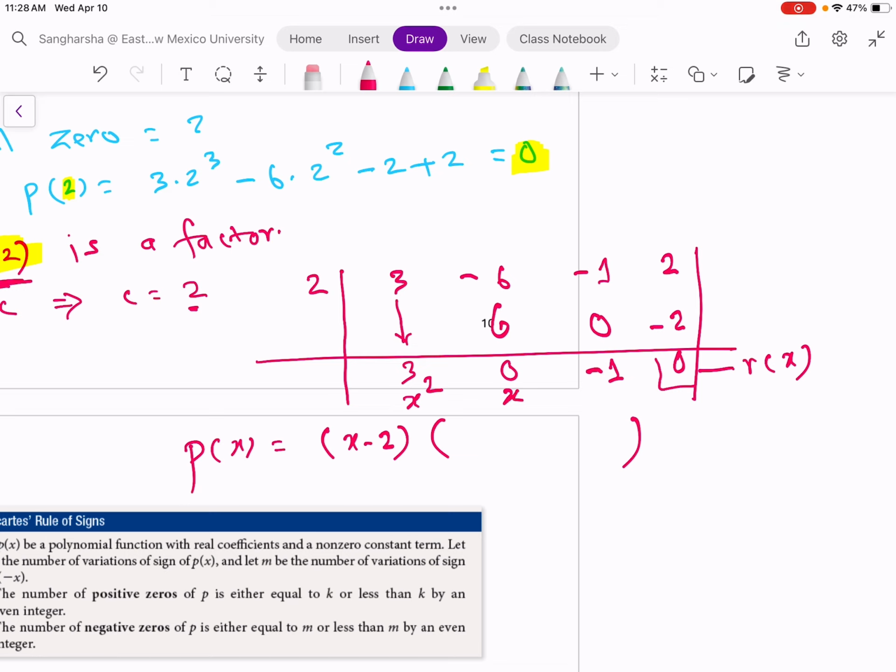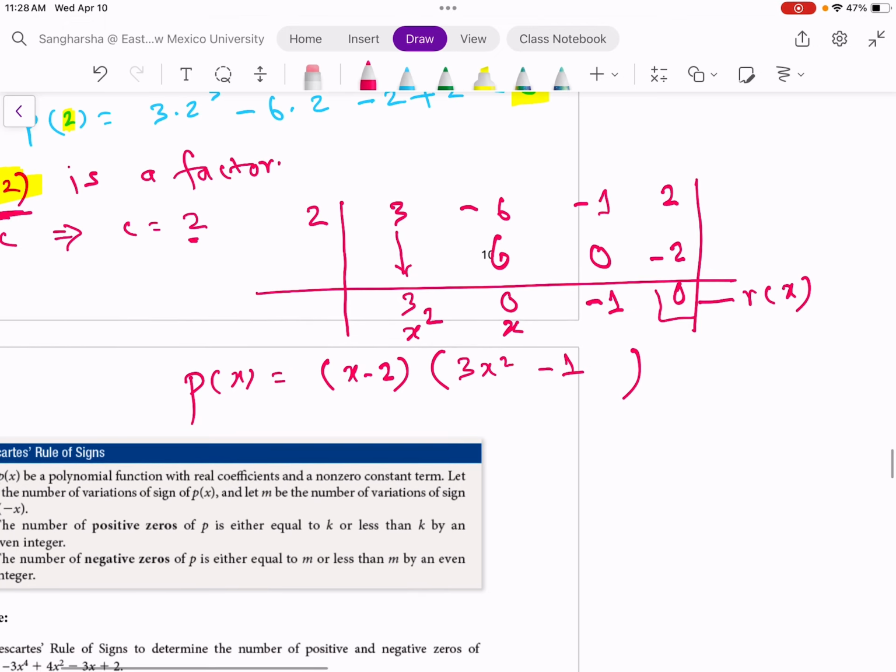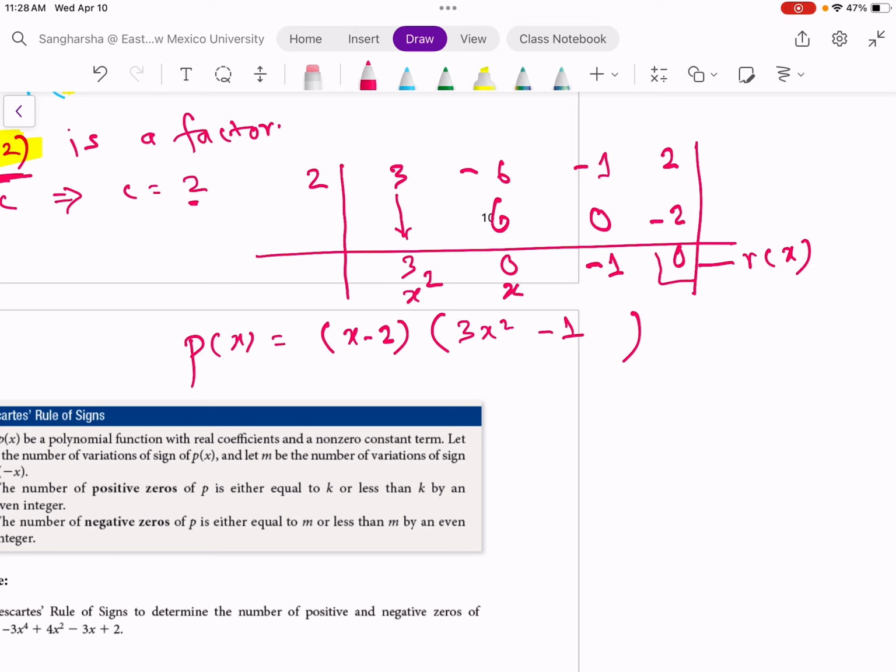So 3x square, 0 times x, that is 0, and we have -1. So this is the factorization of the polynomial function. Now let's factorize: is there any way we could factorize the second factor, 3x square minus 1?